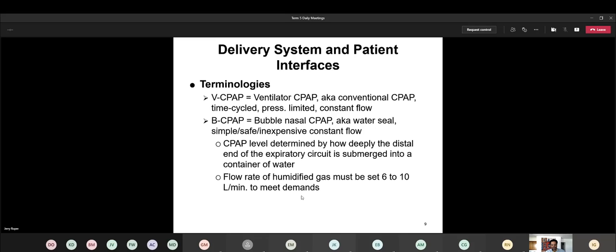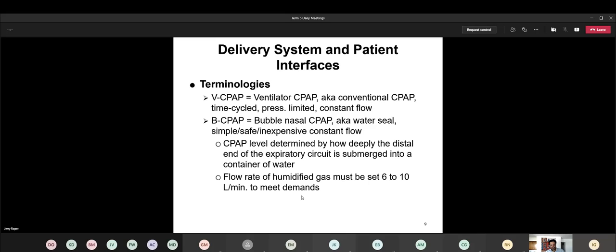And you can adjust your CPAP by just how deeply you are inserting this end of the tubing into the water. And again, with these commercial devices, there'll be markings on the side of the container with the water in it that'll tell you that if you pull it up to this level, then you're going to be giving this much CPAP versus that much CPAP.